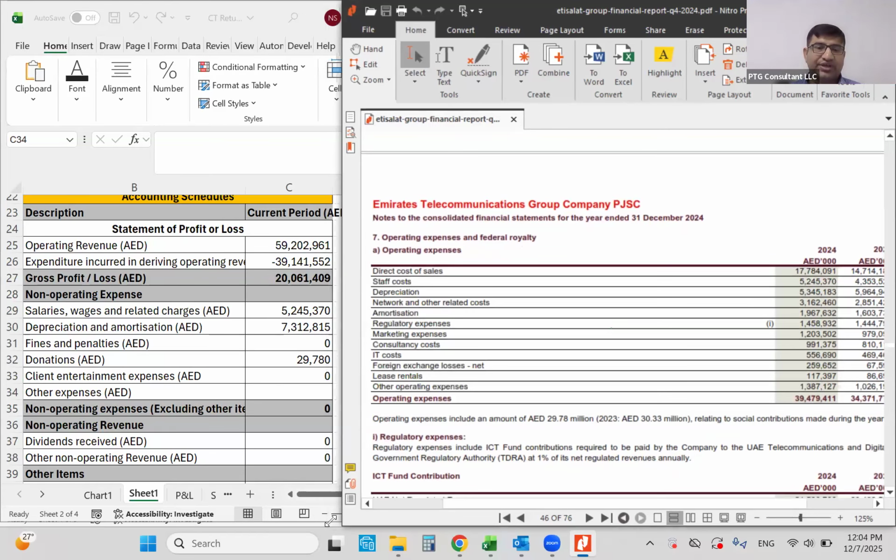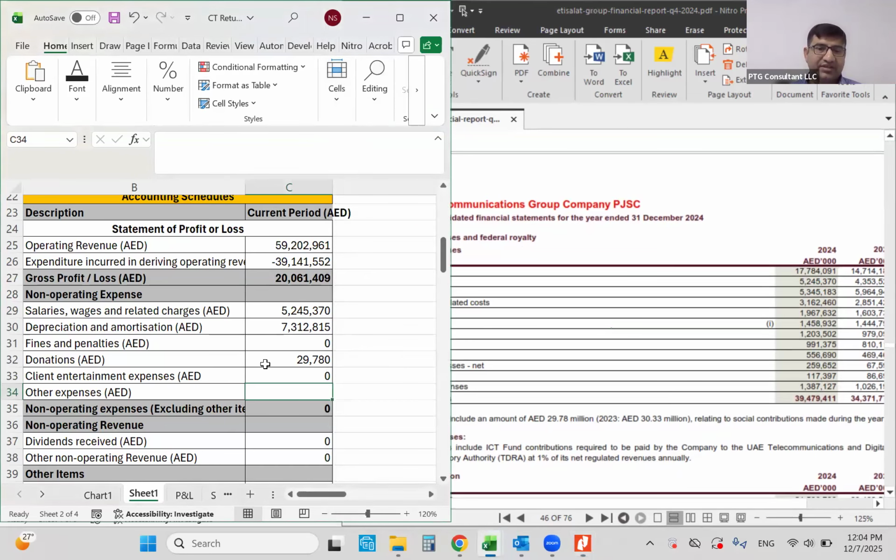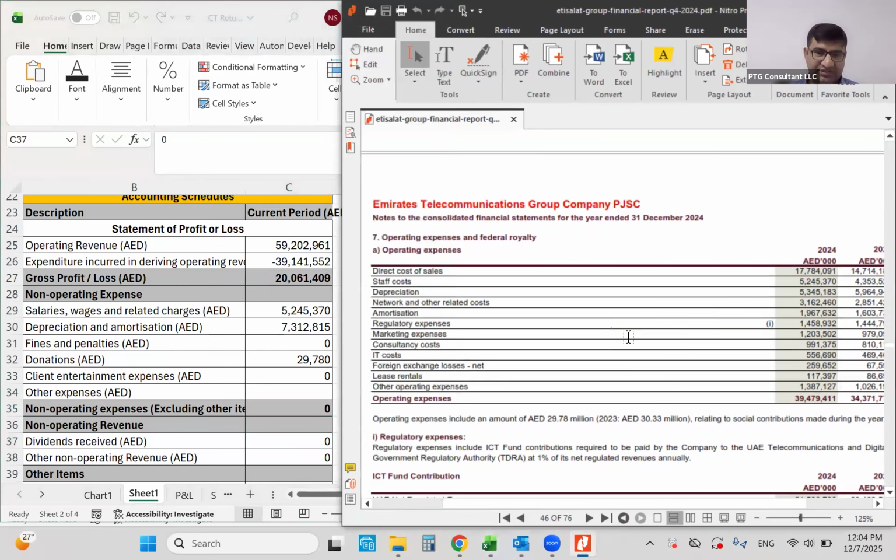Okay, now come to the Excel and see down also, there is a dividend received. We will come to other expenses later on. First, see, yes, dividend received is there.